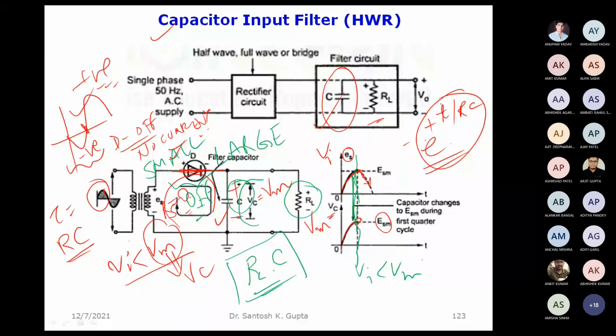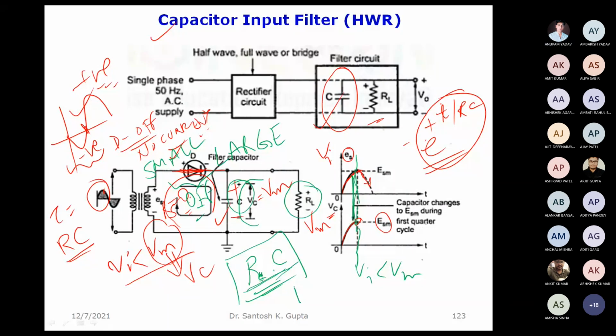Let us make it RC only, because the L will confuse us that it is an inductor. If RC is large, the time constant is large, then the rate of discharging will be slow. If RC is less, then the rate of discharging will be faster. So we can make the discharging slower by making RC large.